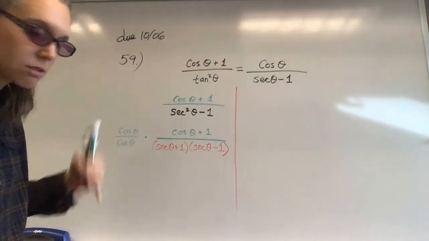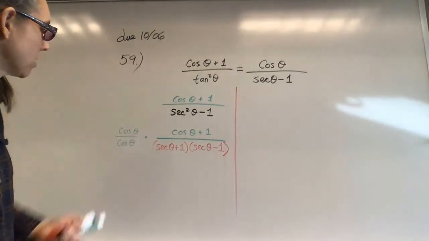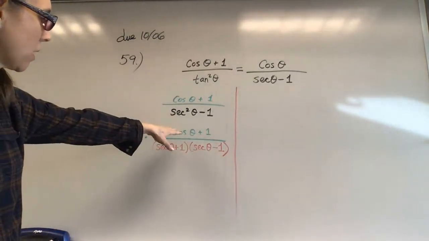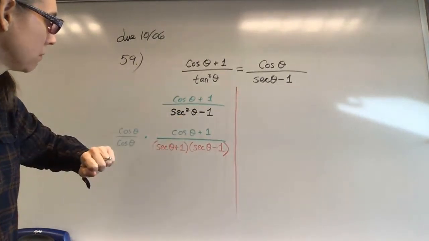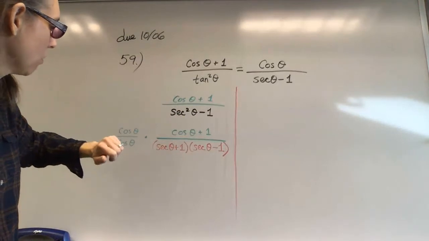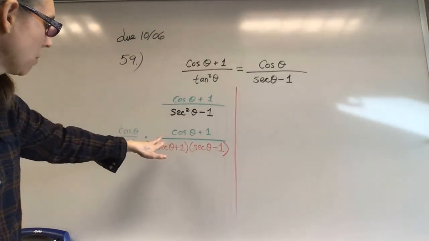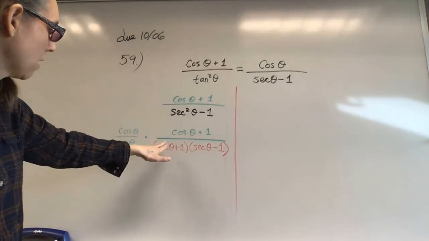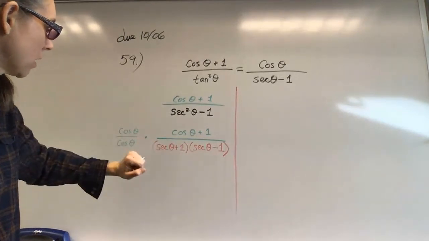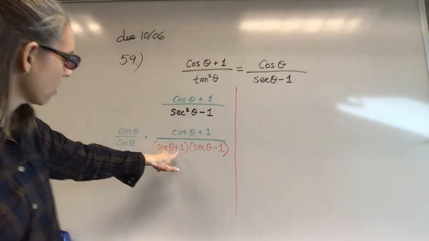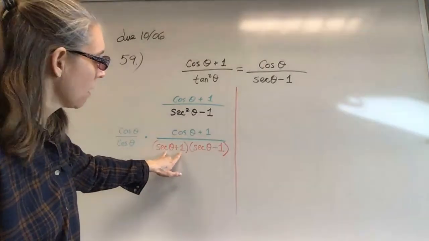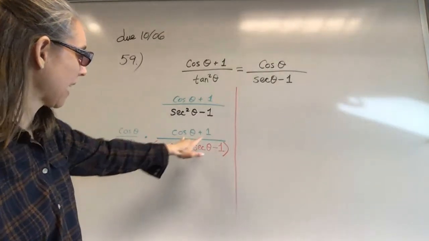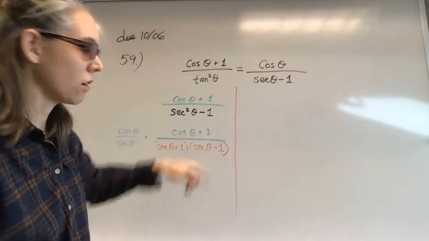So I'm just thinking this through in my head without actually doing it. I'd end up with a cosine squared theta plus cosine. And then over here, that would become a 1 plus cosine.